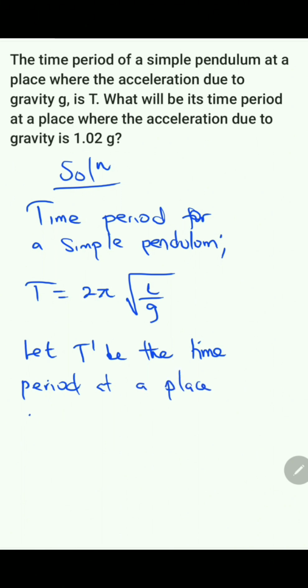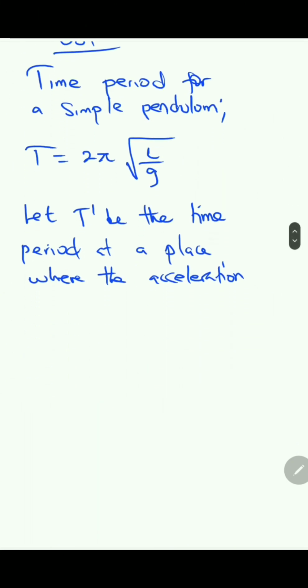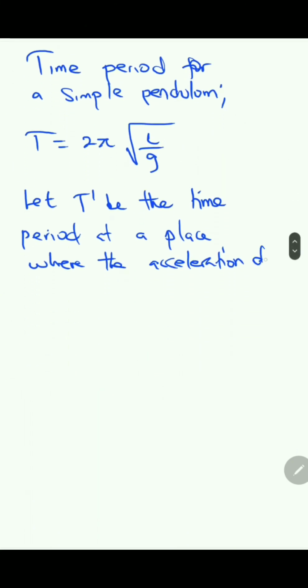Okay, so our T prime represents this period at a place where acceleration due to gravity is 1.02 g.